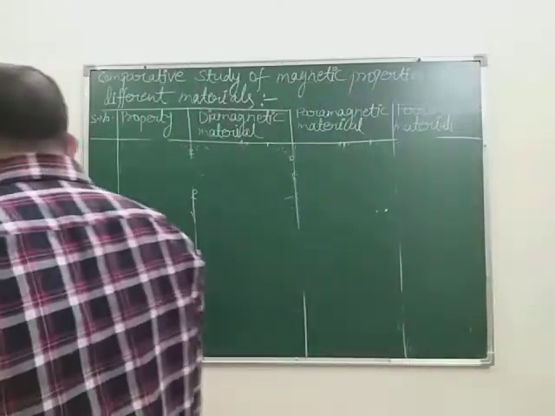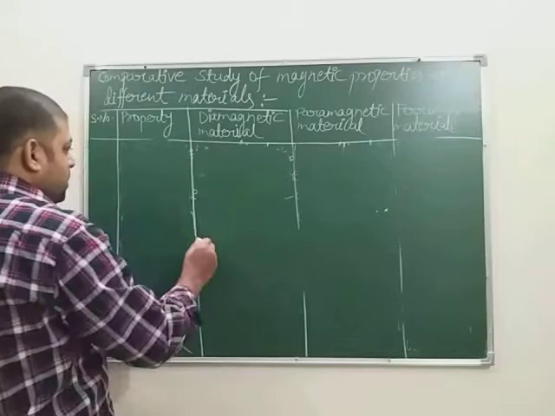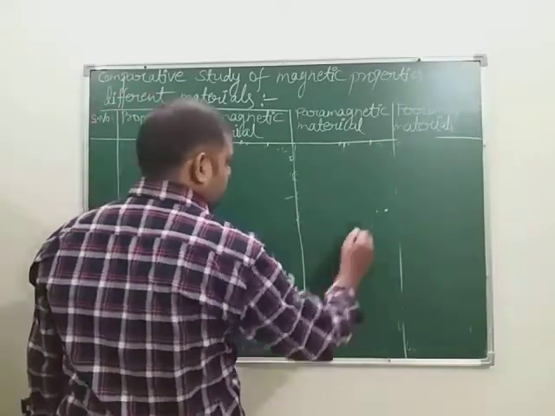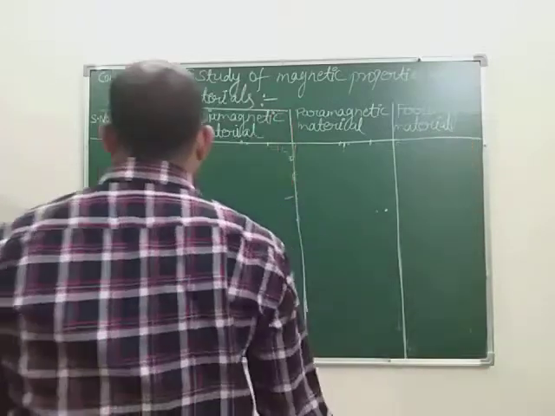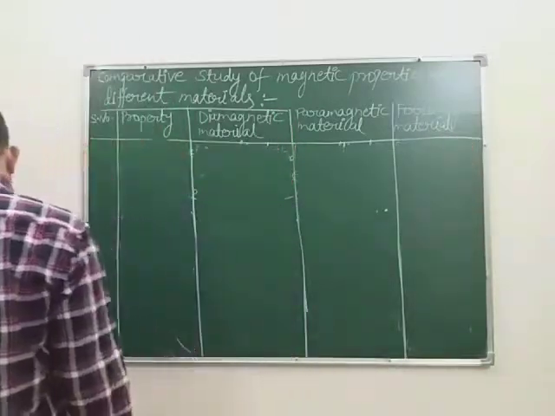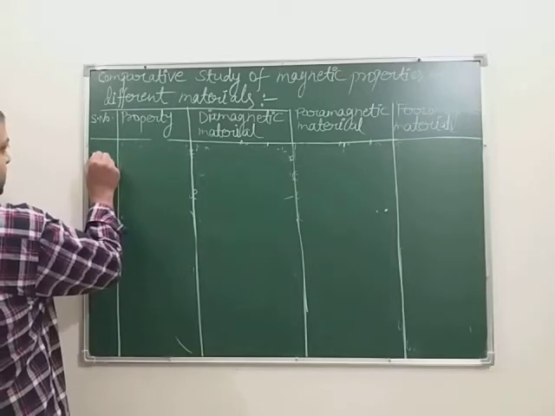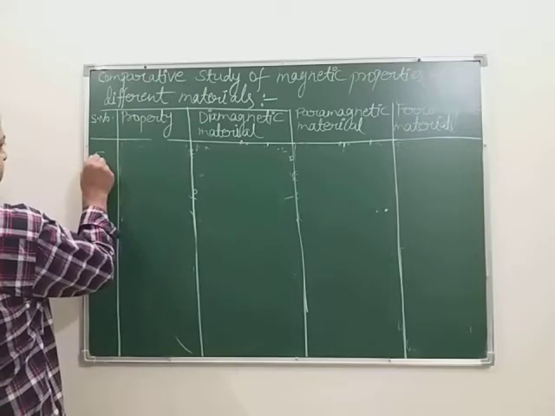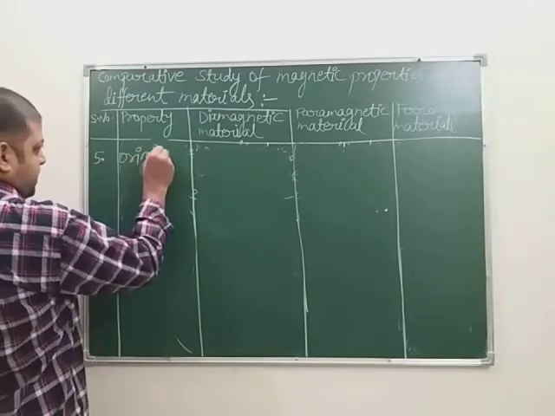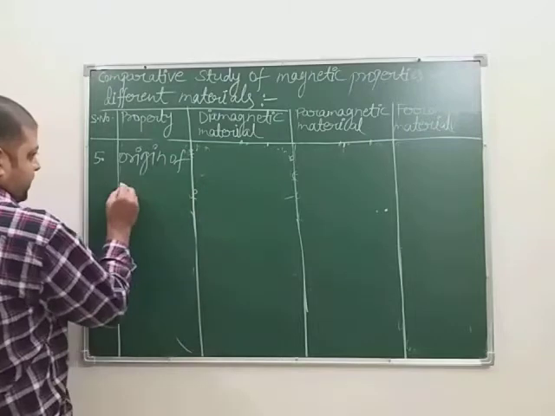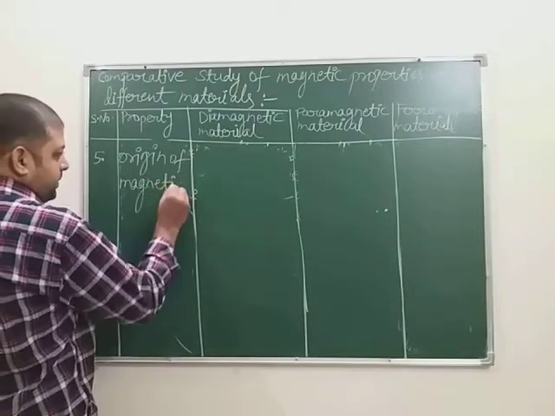There are many properties about many magnetic substances, but we are discussing the most important ones. So the next one, property number 5, is origin of magnetism.